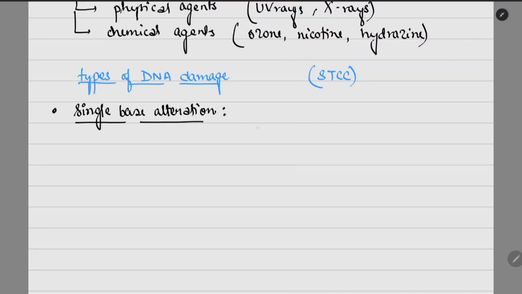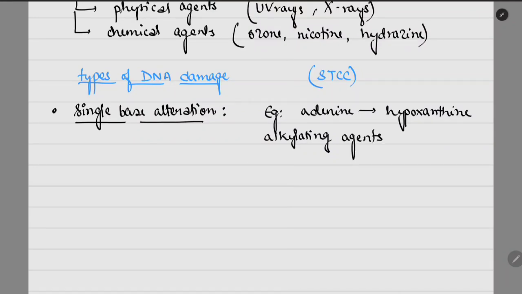Like if I take an example, in place of cytosine, there can be accidental presence of uracil, or in uric acid metabolism you also know that there is presence of xanthine. So if there are any modifications or DNA damage, adenine can change to hypoxanthine. Examples include adenine to hypoxanthine, or the alkylating agents that help in the single base alteration.